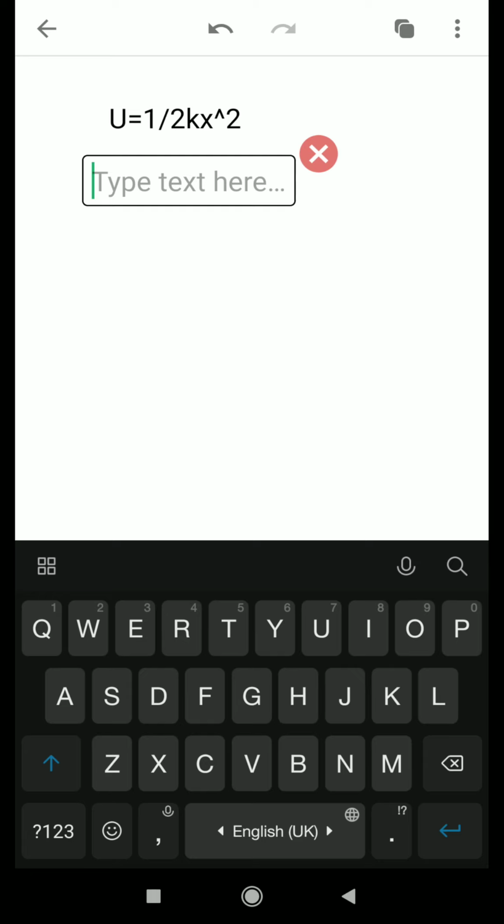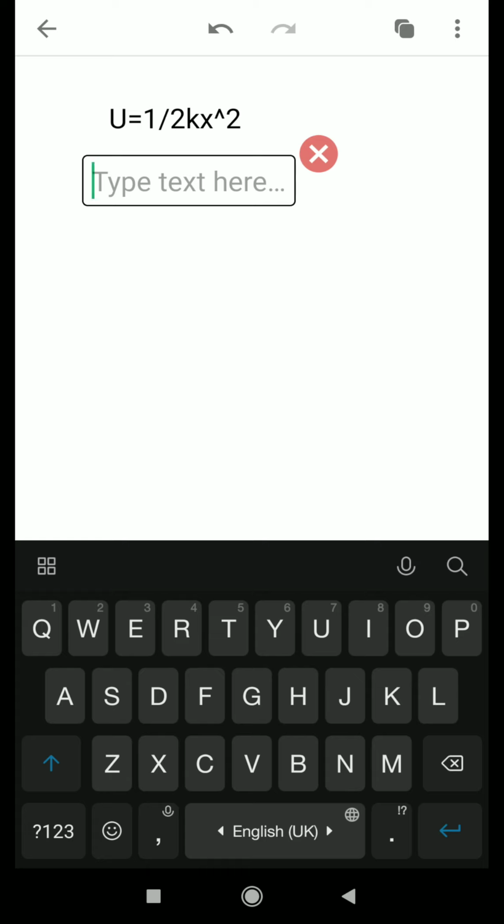Clear? So from this equation, the dimension of k will be the dimension of U divided by the dimension of x square. Clear?